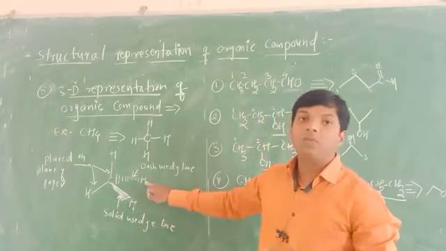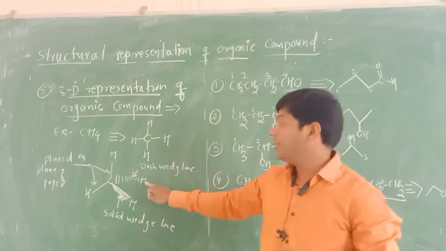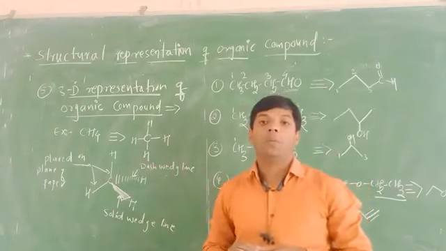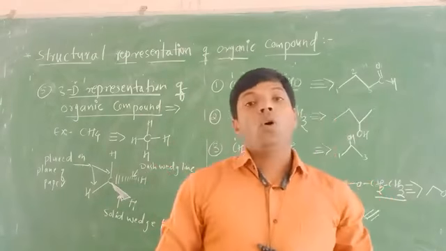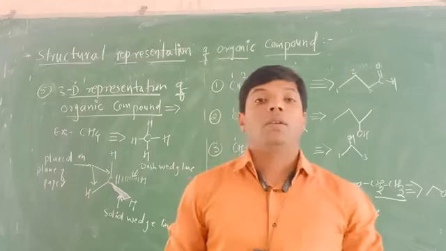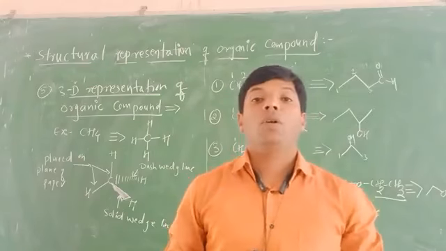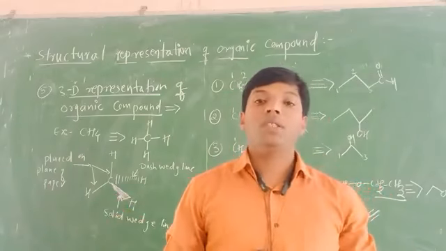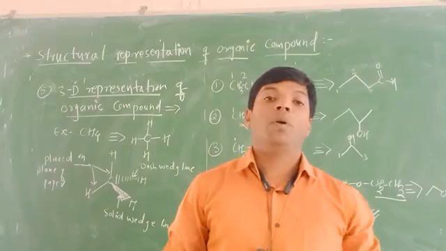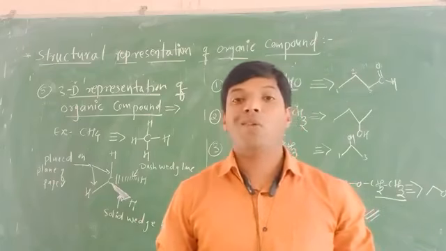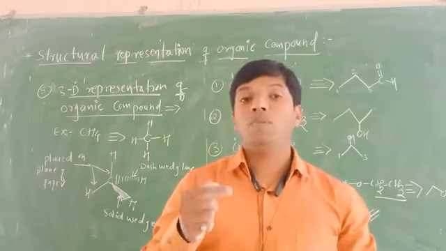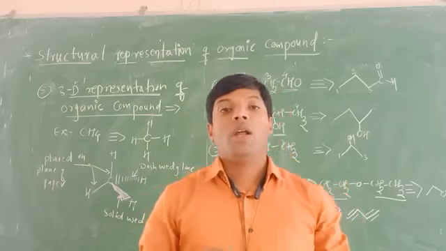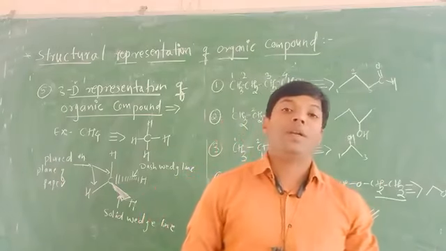And whatever the dashed wedge line is, that indicates that the bond is away from the observer. So likewise, any organic compound can be represented by solid wedge lines and dashed wedge lines. So you have to remember what the meaning of the solid wedge line is, what the meaning of the dash wedge line is, and what the two normal lines indicate.